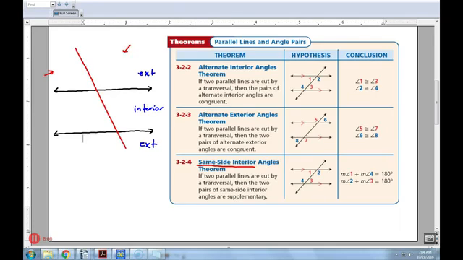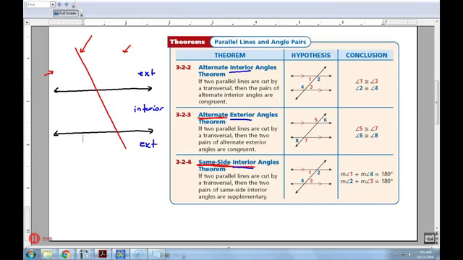If you're on different sides of the transversal, you're referred to as alternate. So the first word, same side or alternate, refers to the transversal. And the second word, interior or exterior, talks about whether you're inside or outside the parallel lines. That determines your position and what pair you are.